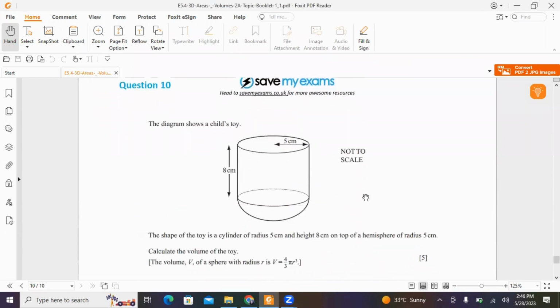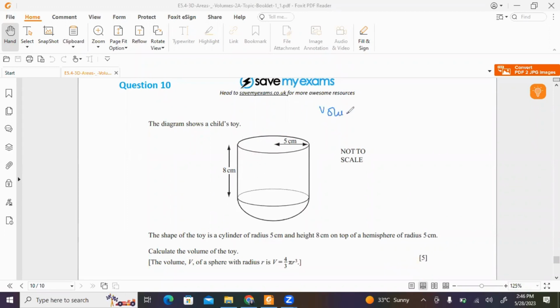Then in question number 10, they want us to find the volume of this complex shape again. The top half is a cylinder and the bottom half is a hemisphere. We identify the radius, then identify the height as well.